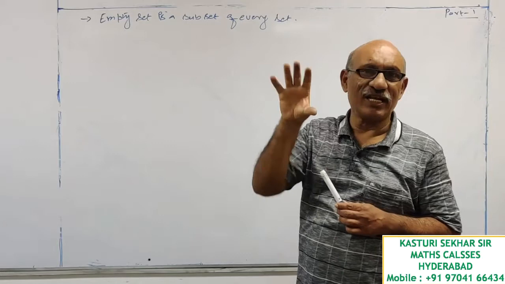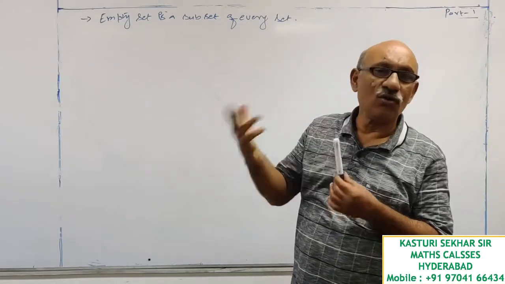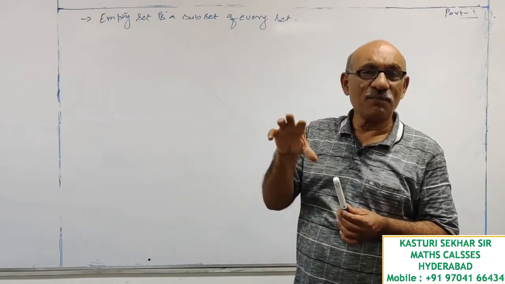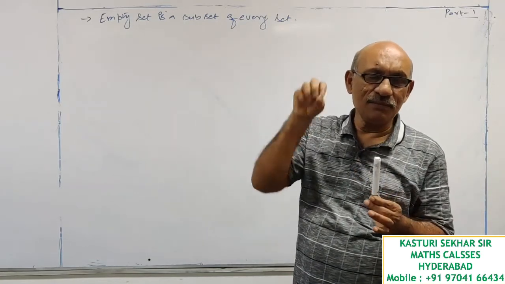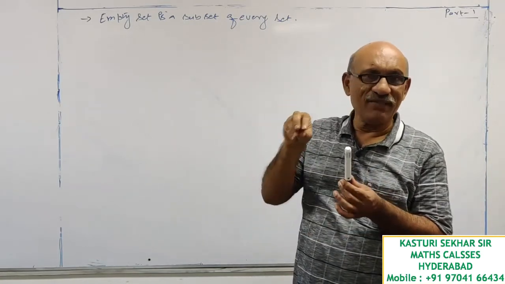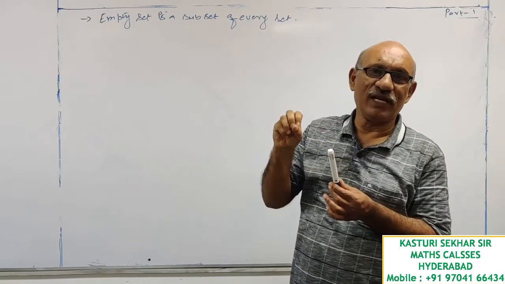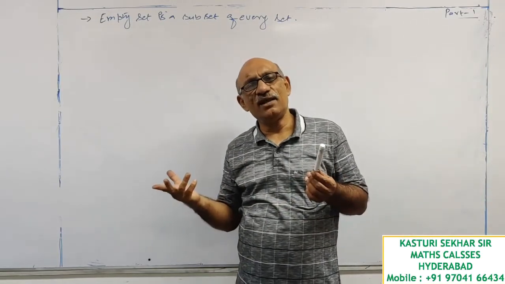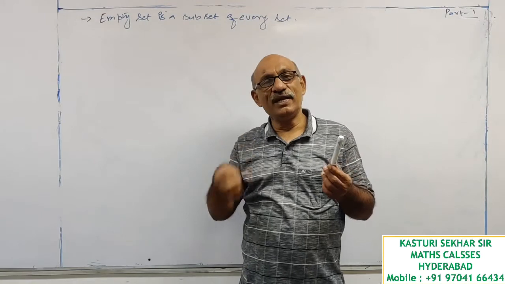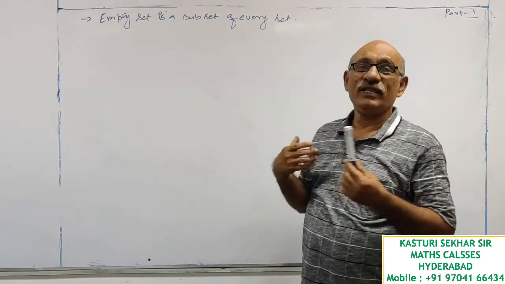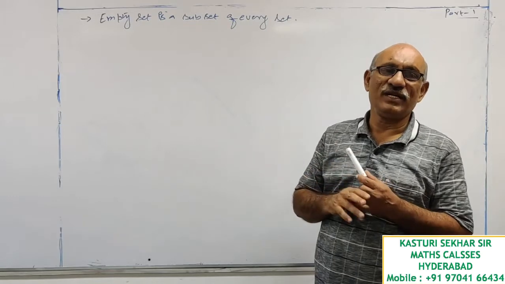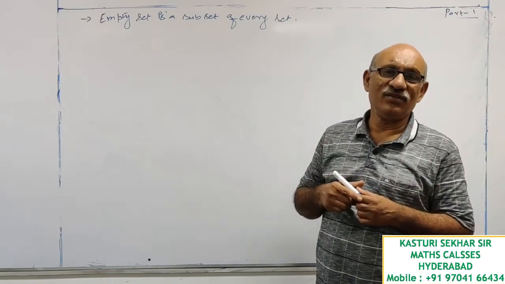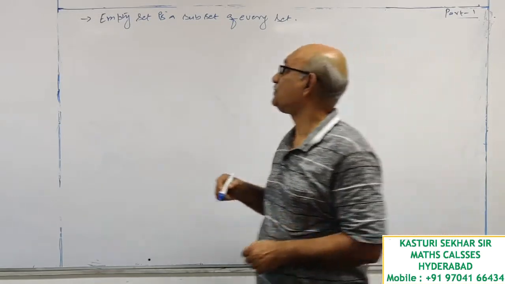A subset means from a parent set you are selecting some elements. If I don't select any element, then there is no element in the selected set. When there is no element in the selected set, it is called an empty set. Therefore, the empty set is a subset of every set.